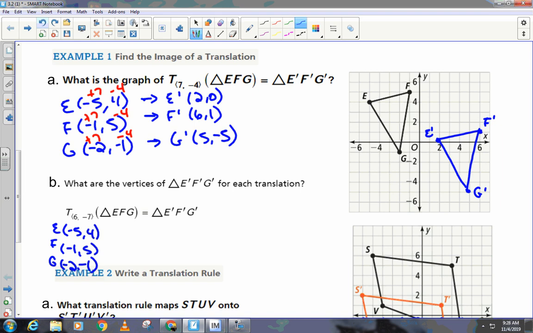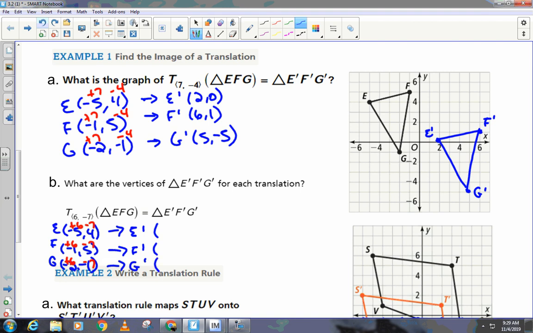Okay, so here's a different one using the same pre-image, but they gave us a different vector. So here we're going to add 6 and subtract 7, add 6 and subtract 7, add 6 and subtract 7. And so we're going to get a new E prime, F prime, and G prime without graphing.